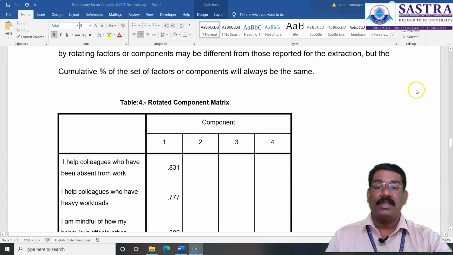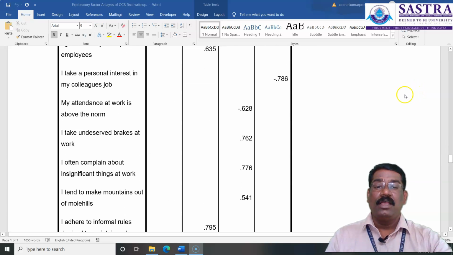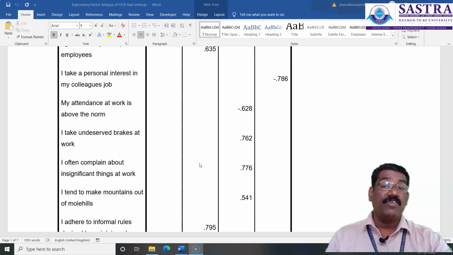And when you look at the third factor loading, you have my attendance at work is above the norm, which got loaded in the third factor. I take undeserved breaks at work got loaded in the third factor. And similarly, I often complain about insignificant things at work, that got loaded in the third factor.